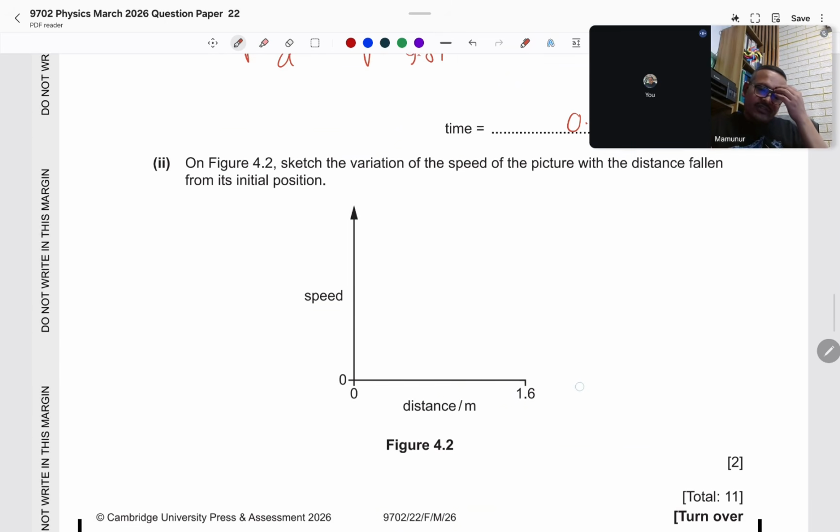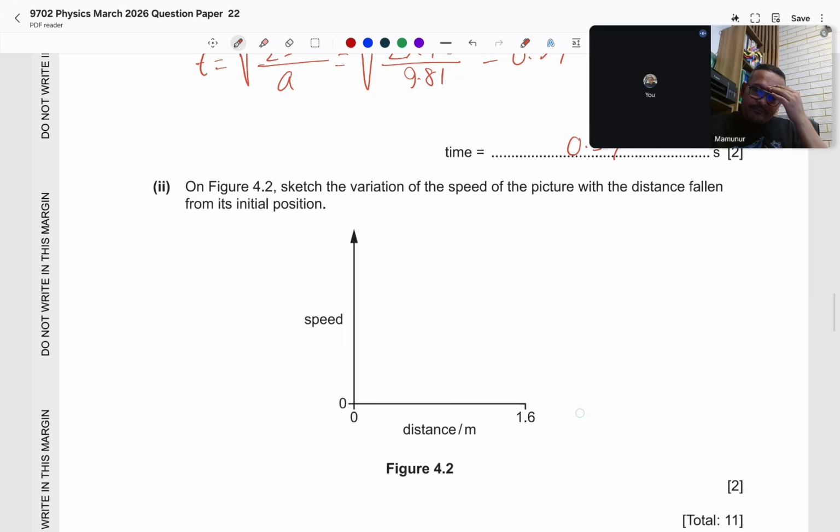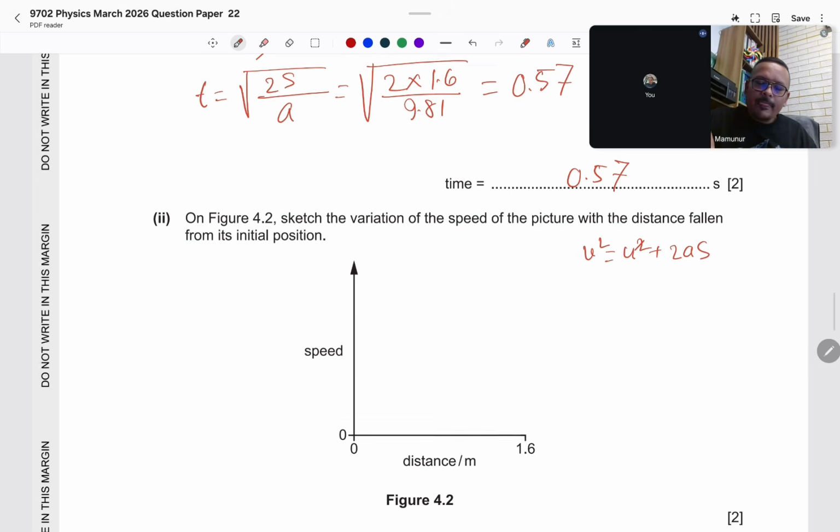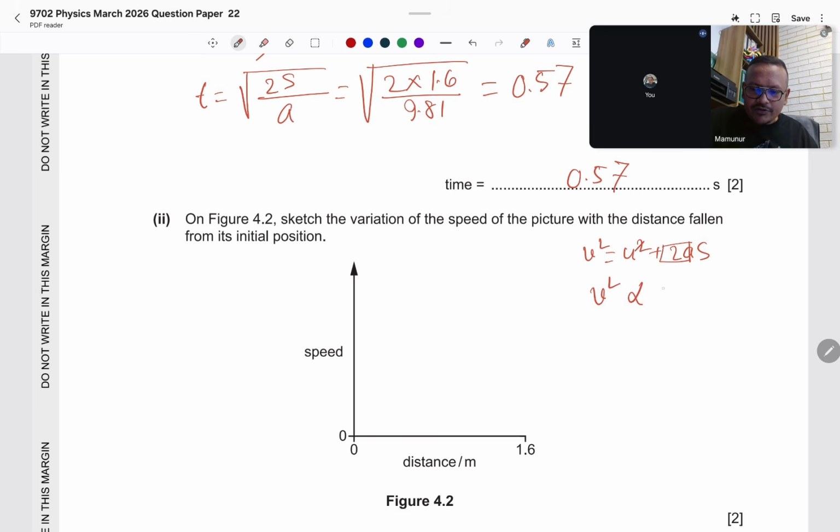Figure 4.2: sketch the variation of the speed of the picture with the distance fallen from its initial position. Distance and speed. What is the equation? v² equals u² plus 2as. If u is 0 and acceleration is constant, v² is proportional to s.